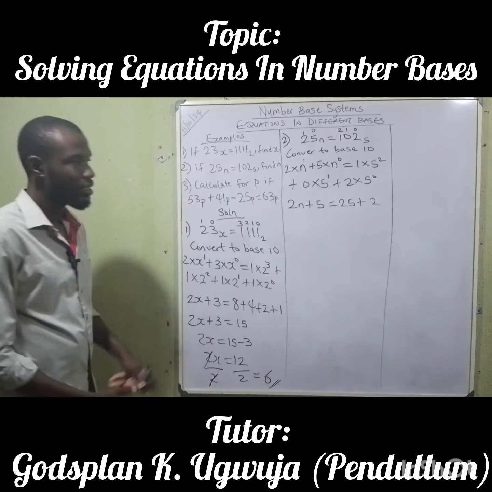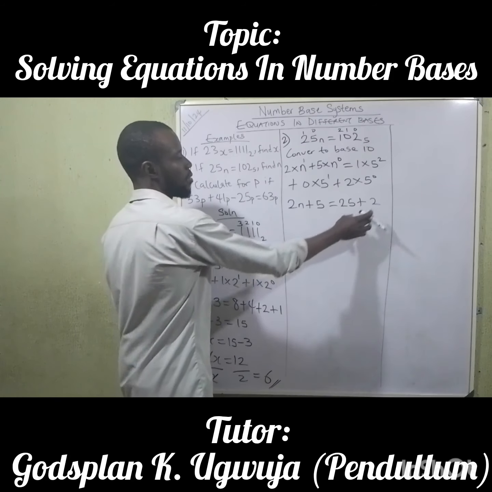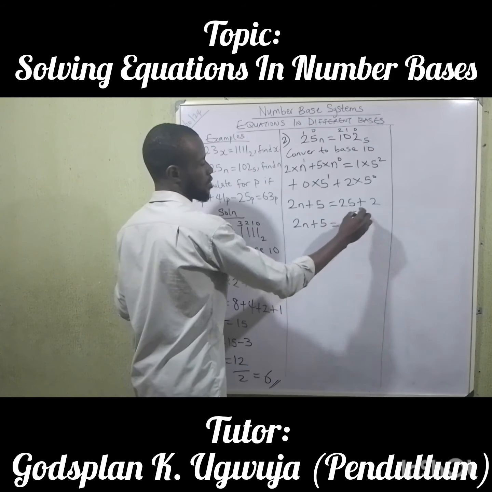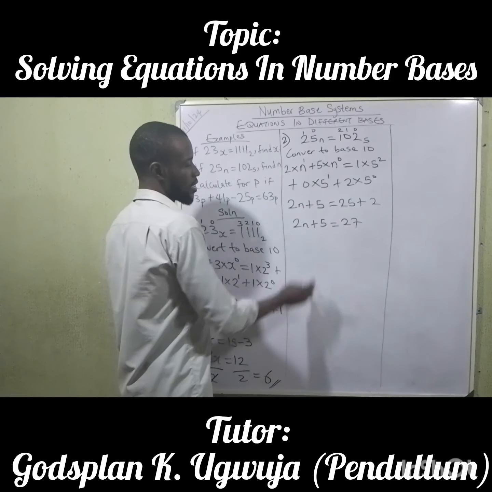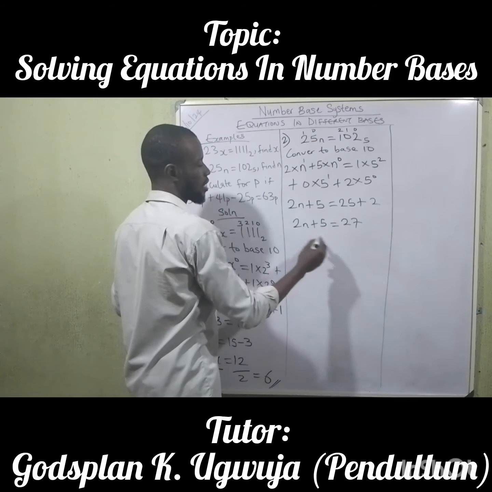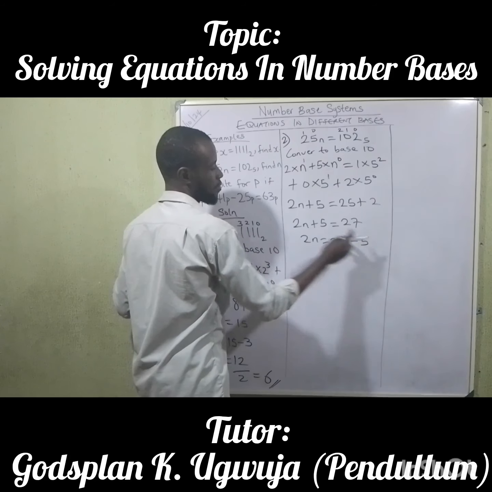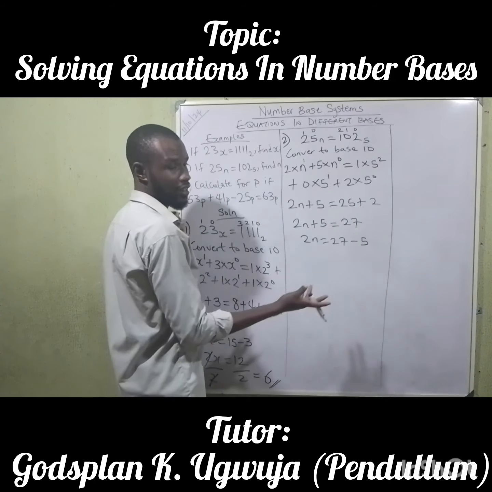Again, just like here, simple linear equation. So let me add up here first. This is 27, right? So again, we'll collect like terms, plus 5 will cross over to this side. So this is 27 minus 5, because when plus 5 crosses, it becomes minus 5.